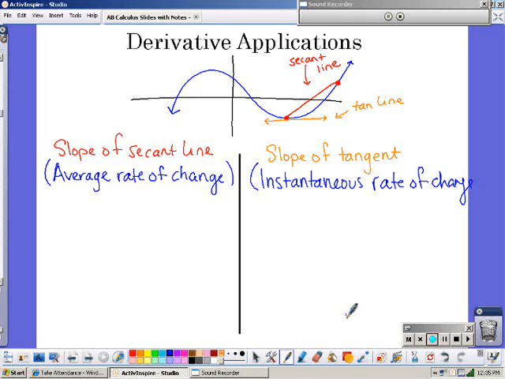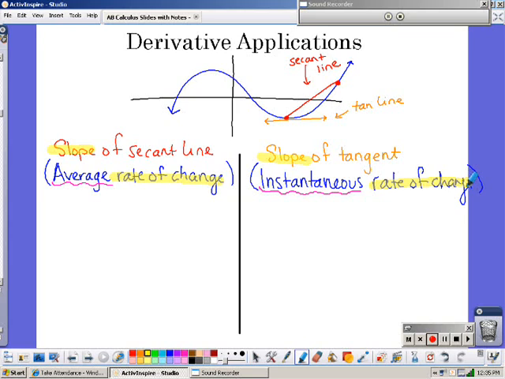Okay, so slope of the secant, the key word there is the average rate of change. Slope of the tangent, instantaneous rate of change. It turns out that slope and rate of change can actually be used synonymously, so that's why each of these parts refer to a rate of change.